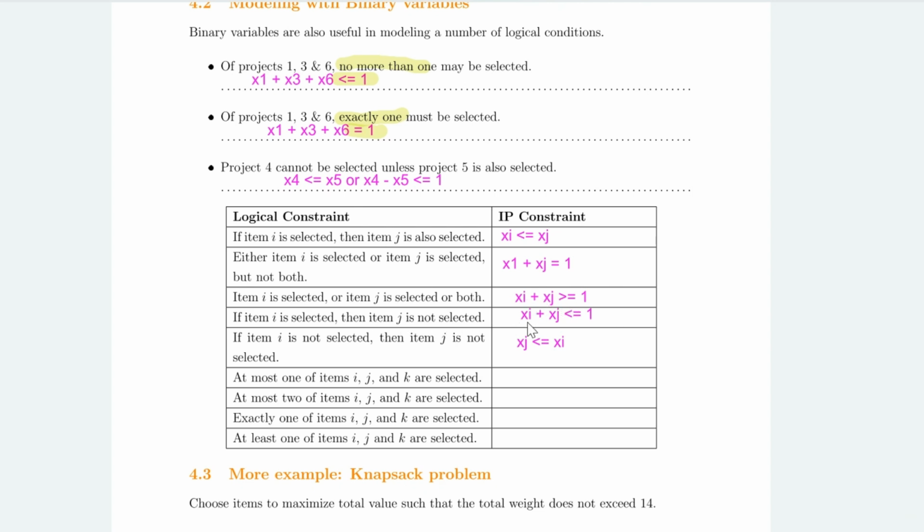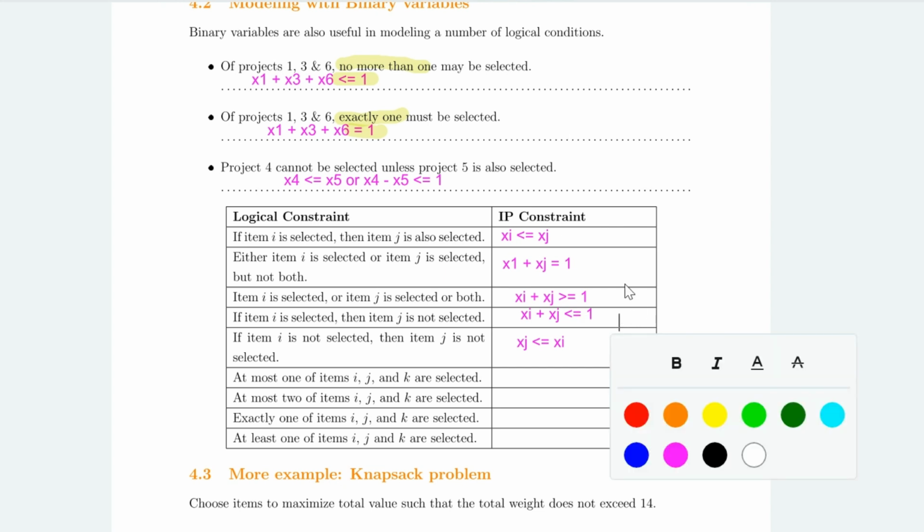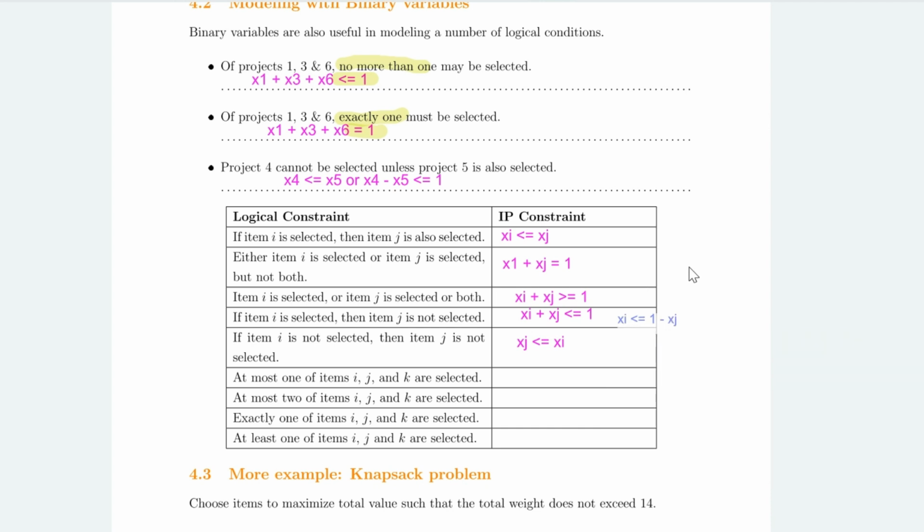If item i is selected, then item j is not selected. This might be easier to see if you look at it negatively: xi is less than or equal to 1 minus xj. So if item i is selected, then item j is not selected.